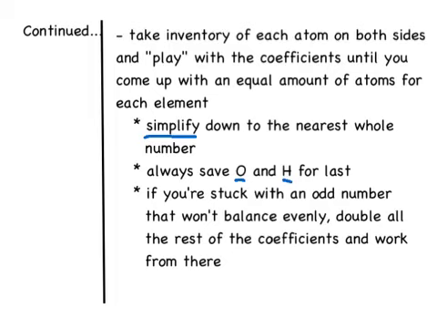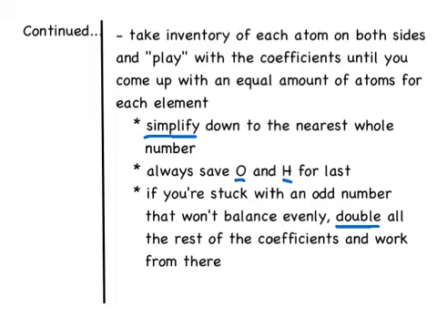And last but not least, sometimes you're going to end up with an odd number that just won't balance. Like you have to have a half of something. We're not going to deal with halves or fractions when we're balancing equations. So to get rid of any odd number, you double it, times it by 2, and it automatically becomes an even number.